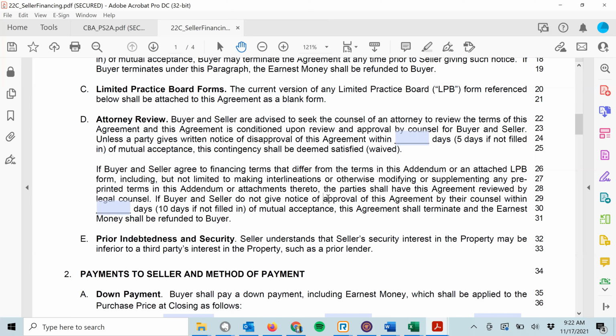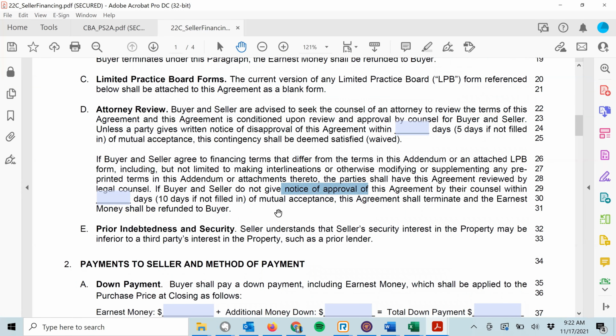And if you don't give notice of approval, right? So this is passive. If you do nothing, it is deemed satisfied. This is active. So if you use these forms and edit them, then an attorney has to review it and give notice of approval, right?